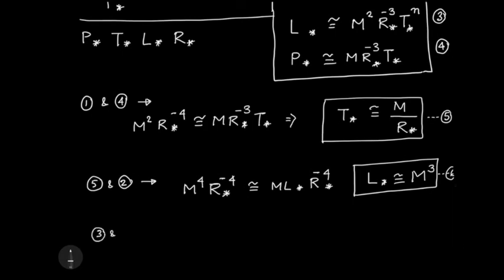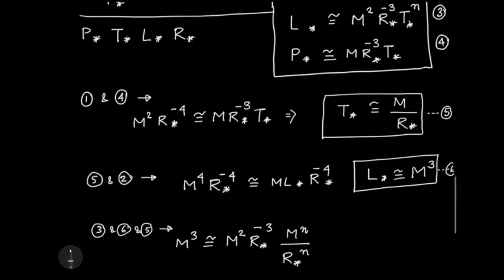So equations 3, 6 and 5, I use all three equations. So L star is M cube, M squared, R star to the power minus 3, and T star to the power n, I write from equation 5 as M to the power n by R to the power n.